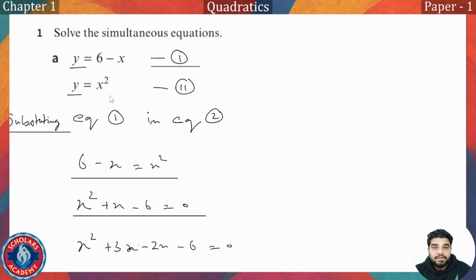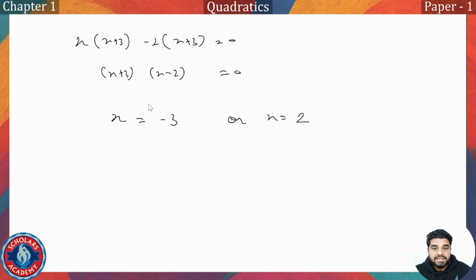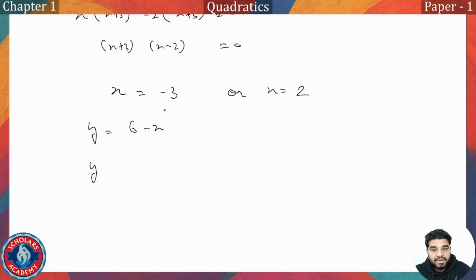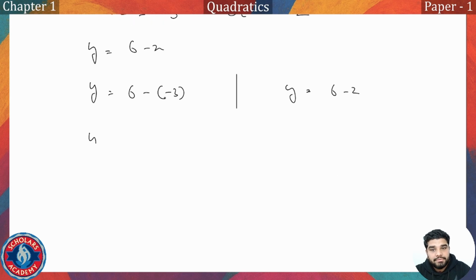Substituting these values in equation number 1, y is equal to 6 minus x, we can find the values of y. So y is equal to 6 minus of minus 3, and over here we get y is equal to 6 minus 2. So minus of minus 3 is plus 3, 6 plus 3 is 9, and we get y is equal to 6 minus 2, that is 4.